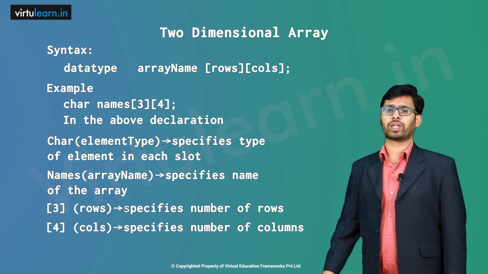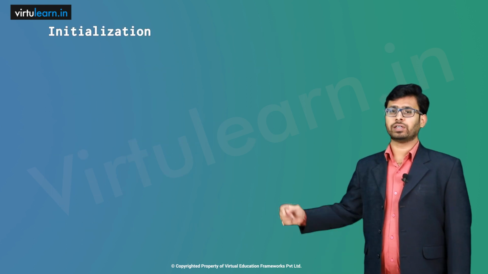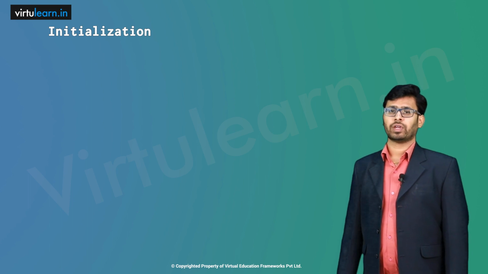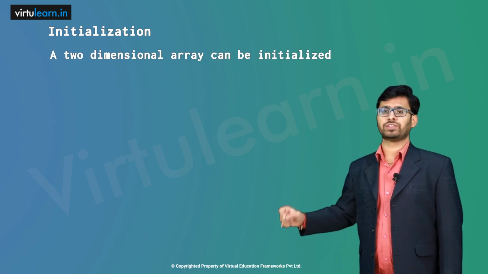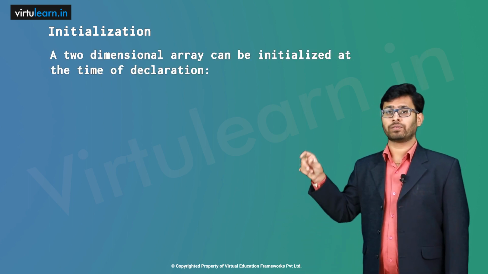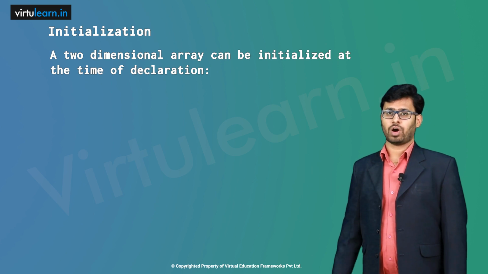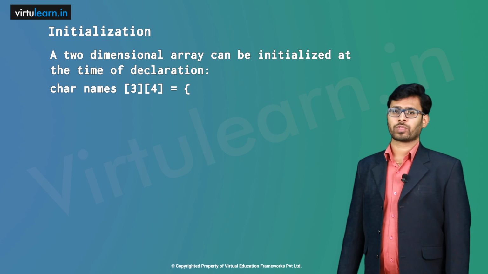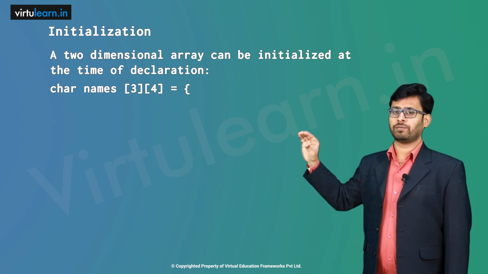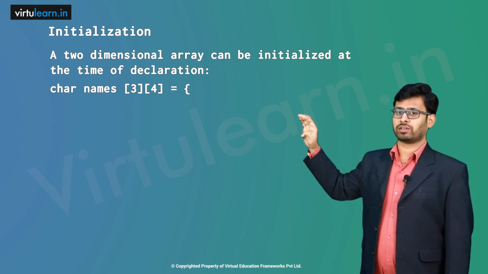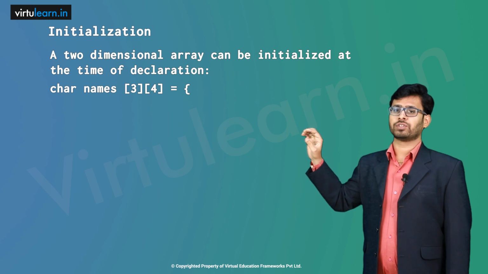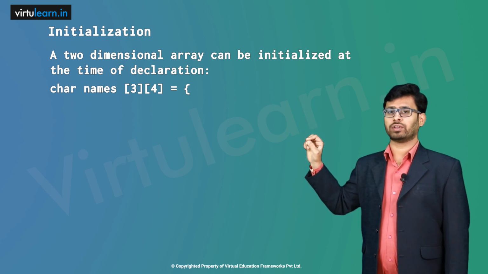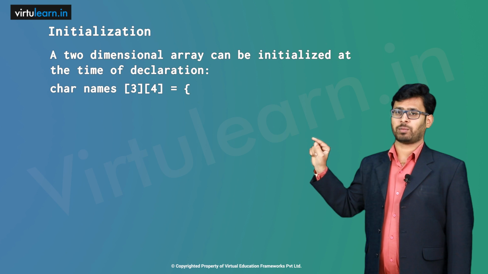Now let us see how we can initialize the content within the two-dimensional array. A two-dimensional array can be initialized at the time of declaration. So we can write char names of 3, 4, where the first subscript is 3 and the second subscript is 4, equal to, and we can write the names within single inverted commas.